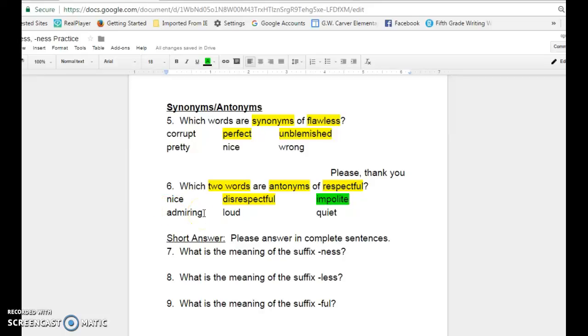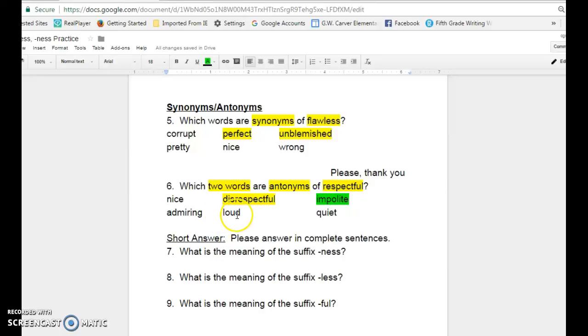Admiring. Well, you might be respectful to someone that you are admiring, but that is definitely not an antonym for respectful. Loud. Well, if you're respectful, you say please and thank you. Does that make loud an antonym? No, you could actually shout, hey, man, can I please have some bread if you're across the room?